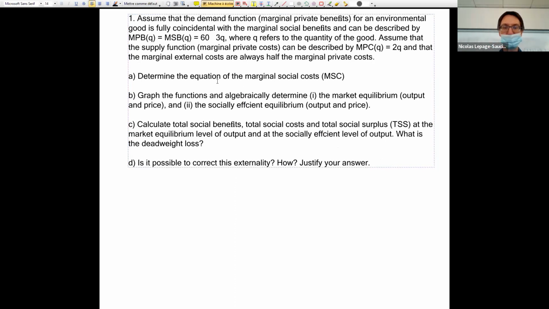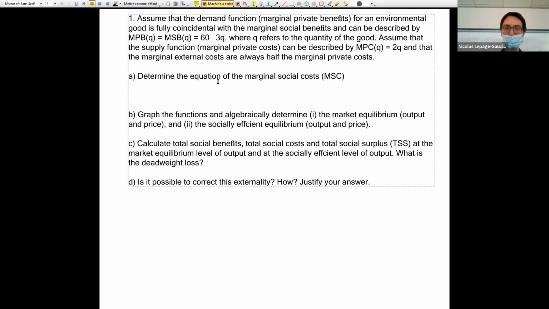Okay, so A. So yeah, so the marginal external cost, is it how I write it in class? Yeah, marginal external cost. Q goes to the marginal private cost.